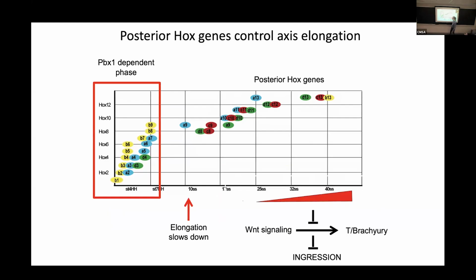These are the number of somites, what corresponds to the beginning of the slowing down of the elongation, and that corresponds to the beginning of the activation of the posterior Hox genes. As you can see here, there is a first window where there is expression of many genes, but it's not really relevant for the elongation. And what is important is this window here.